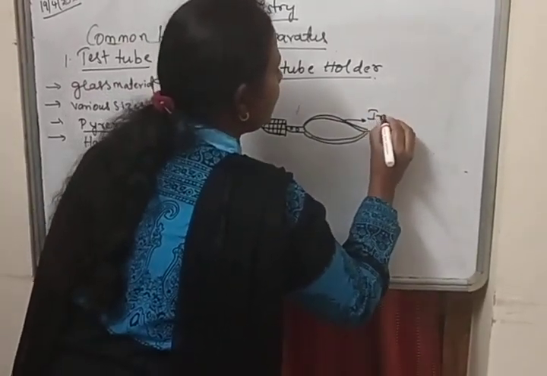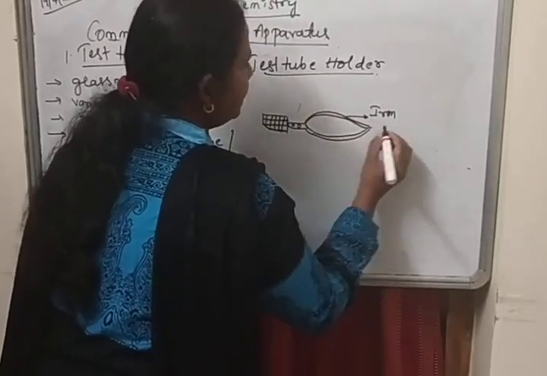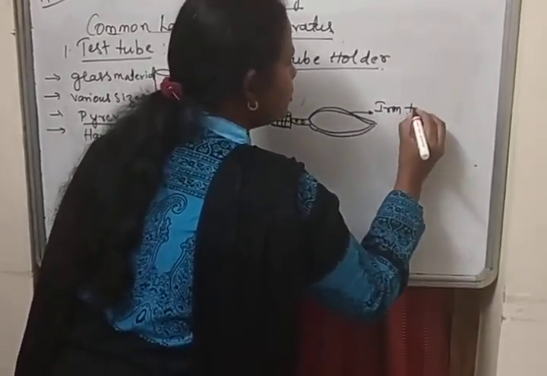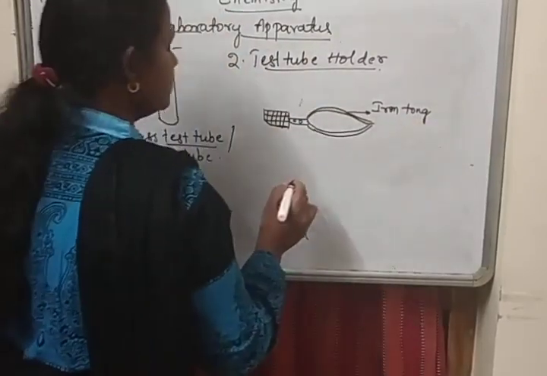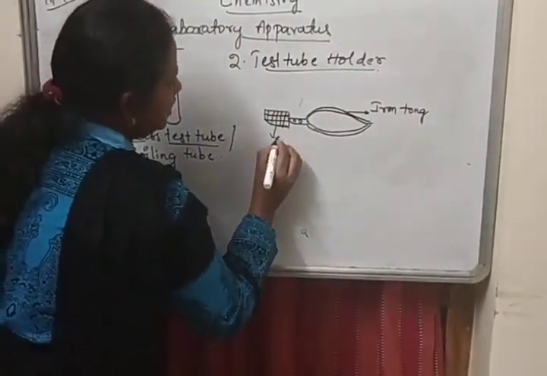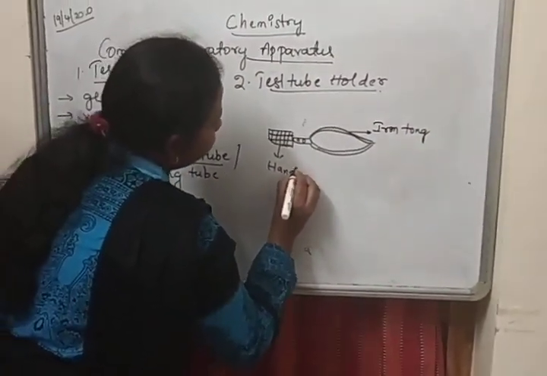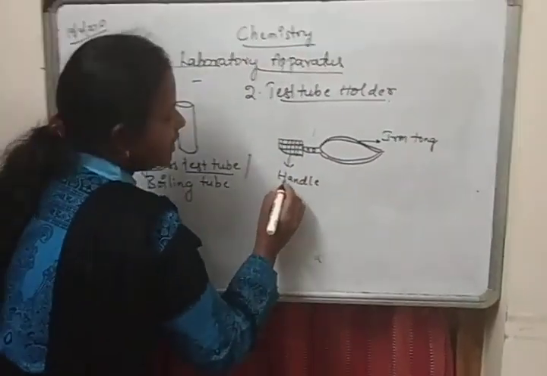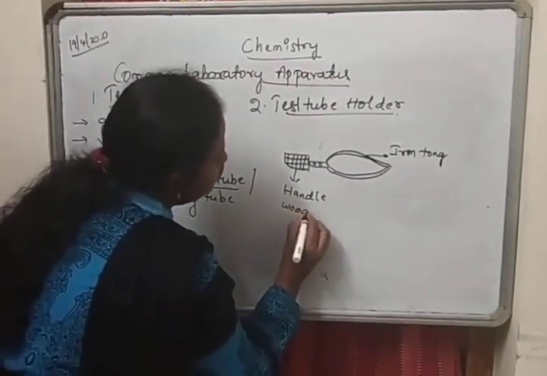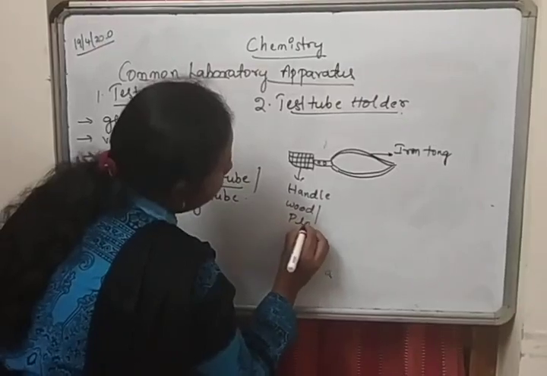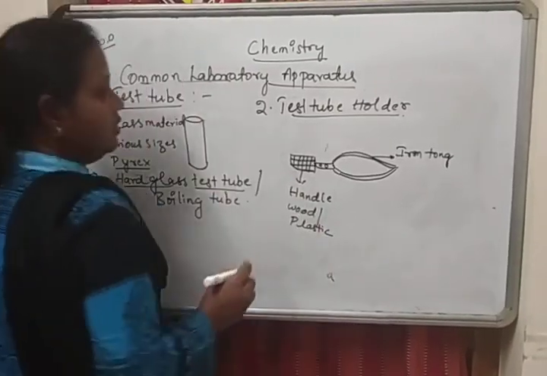It is made up of iron, and this part we call the iron tongs, and this part is the handle. This handle can be made up of wood or it can be made up of plastic.